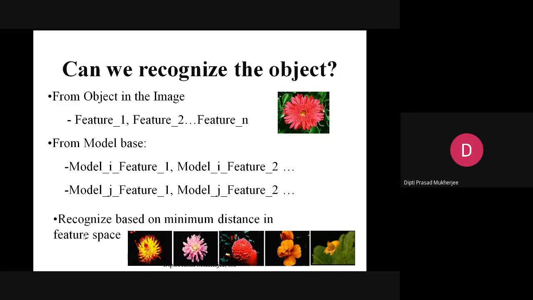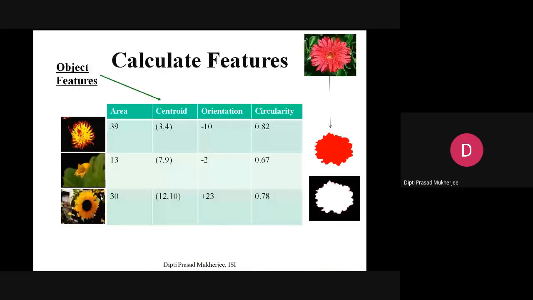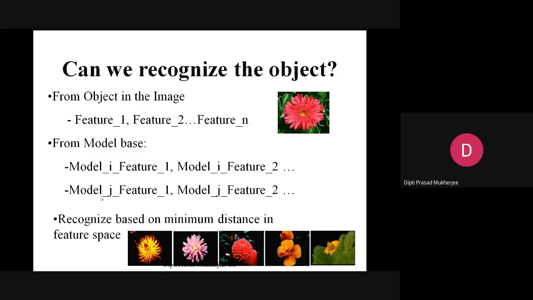And in the model, which is already stored, I have hundreds of such flowers, and we call them model 1 feature 1, model 1 feature 2, model 1 feature n, model 2 feature 1, etc. And then you find the distance between the features and the model features. Wherever the distance is minimum, you recognize based on that minimum distance.